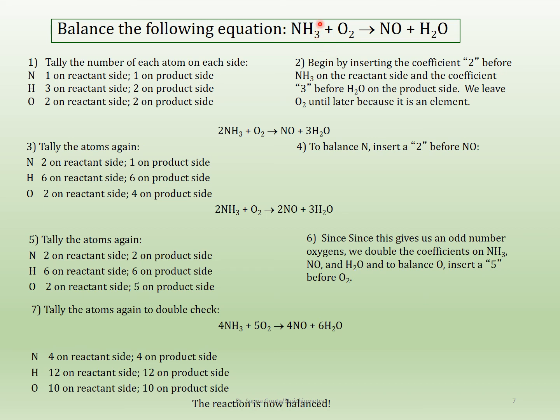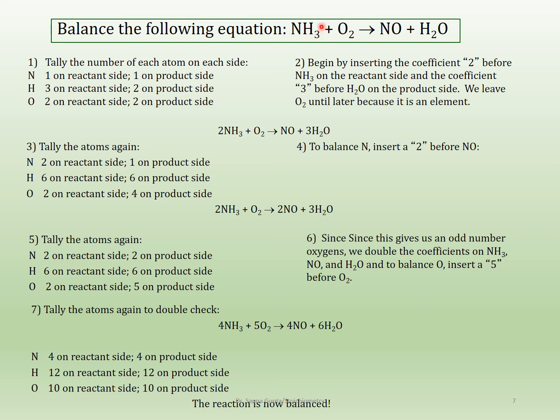So I will start with the hydrogen. Hydrogen is 3 here and 2 over here. The best thing to do is a cross multiplication, which is 3 over here and 2 here, which means bring 2 on this side and take 3 on the other side. So you have 6 hydrogens here and then 6 over here. I hope you got that.